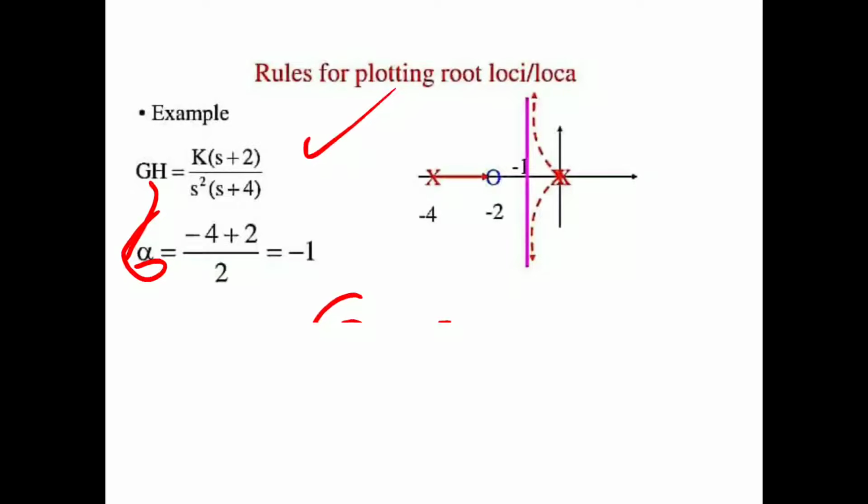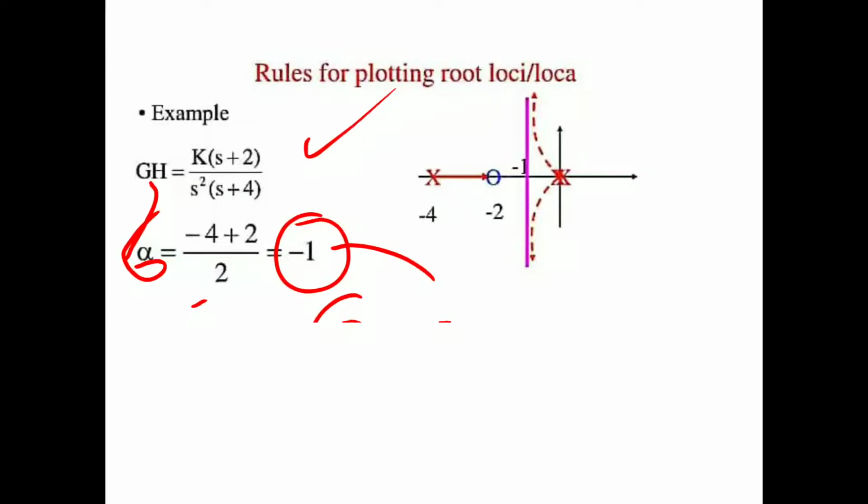The summation of the zeros is minus 2, divided by poles minus zeros. There are three poles and one zero, so 3 minus 1. The result is (minus 4 plus 2) divided by (3 minus 1), which is minus 2 by 2. The answer is minus 1.